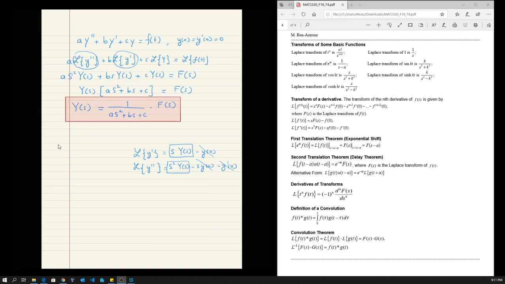So this part right here is typically designated by capital H of S, and it has a special name. We call it the transfer function of the system. And this is used a lot in circuit analysis because a lot of circuits, especially RLC circuits, can be modeled using an equation like this.